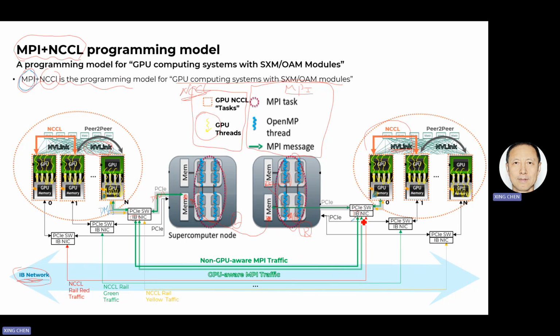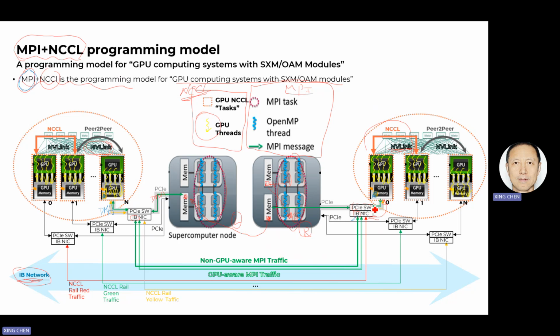And to access this InfiniBand network, the GPU needs to go through the PCIe link, because the InfiniBand adapter is connected to the GPU by the PCIe link. So to have this kind of inter-node communication, you need to go through this PCIe link.